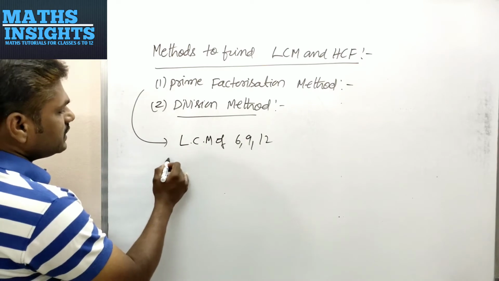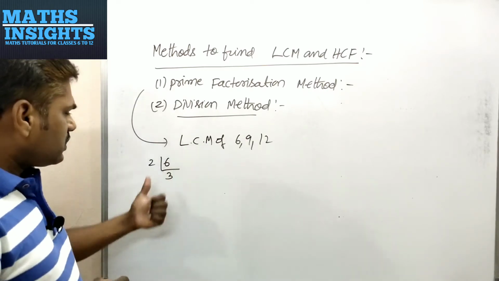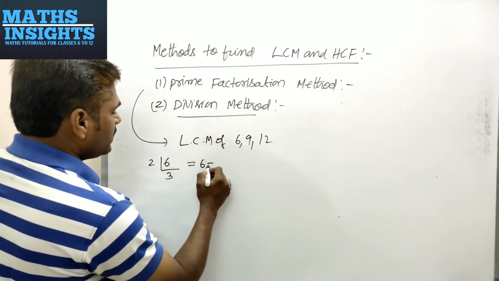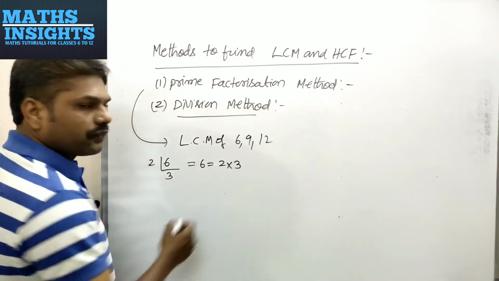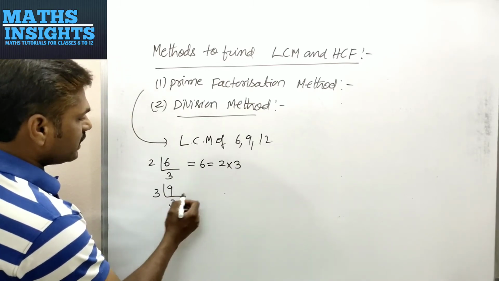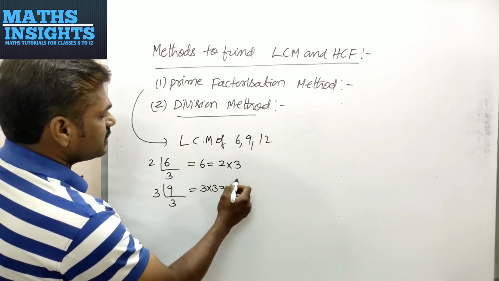You have to write, see, 6 can be written in prime factors: 2 3s are 6, you cannot factorize 3 further. Therefore 6 can be written as 2 into 3. If you see 9, 3 3s are 9, this can be written as 3 into 3, that is 3 square.